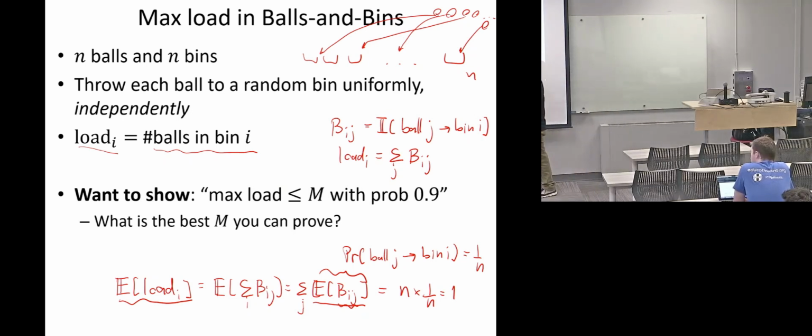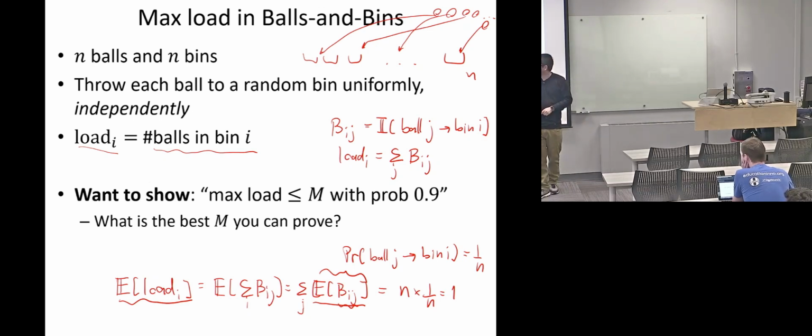But we're going to look at something else. Can you show that the maximum load is at most something with good probability? This is not about expected value. We want to show that none of the bins have more than some bound M with good probability.